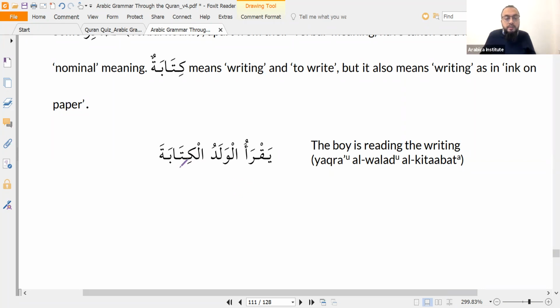Here he's reading some physical writing, some writing on the wall or writing in a book. So the verbal noun here, we've concretized it and given it a concrete usage. But if I say something like uhibbul kitabata, I love writing, what would that mean? They're both masdar. They're both technically a masdar, but one is more concrete.